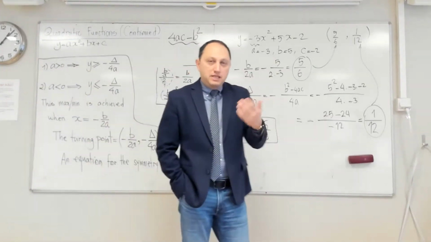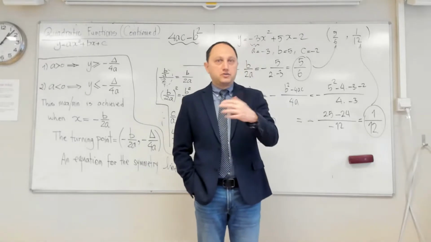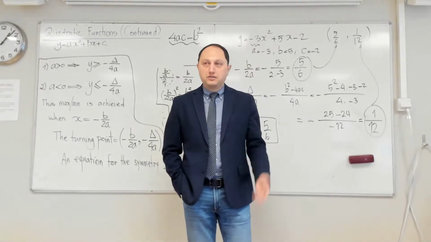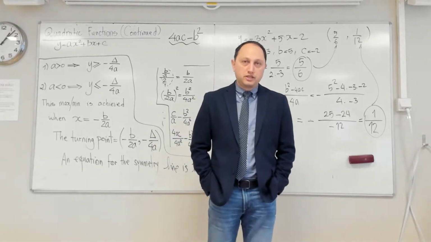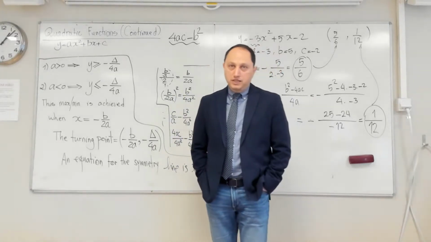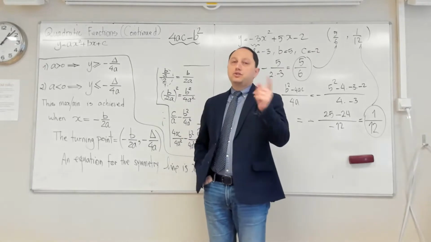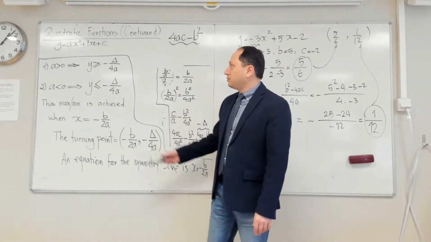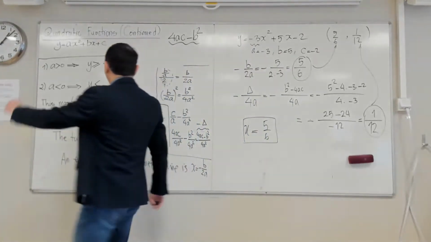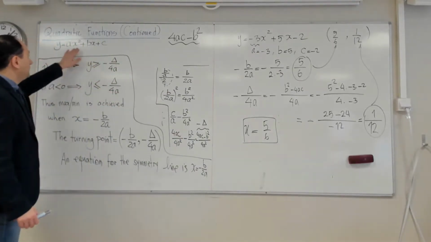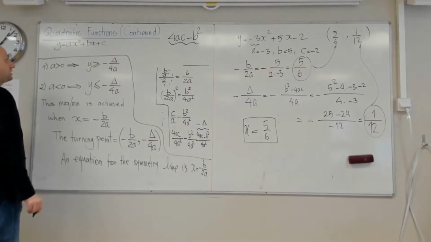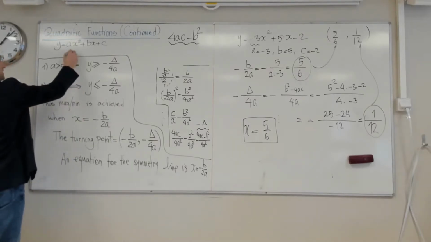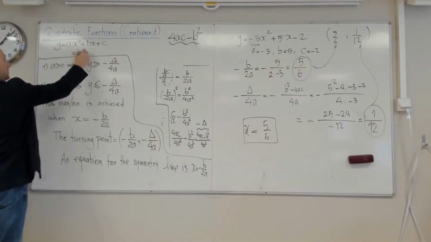But still, is there any way to maximize or minimize those functions? The answer is yes. And then you have to learn the notion of derivatives, which comes in Math 3C. And if you study Math 3C, this would be a matter of seconds to find that number. Later, you will learn that if you give me this function, it takes me even 1 second to differentiate it. That's a concept that you will learn.